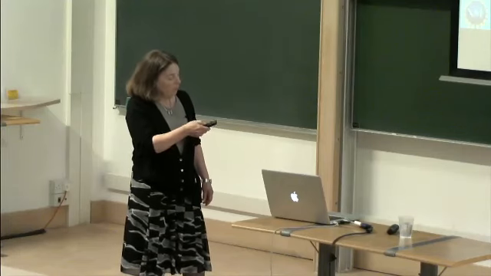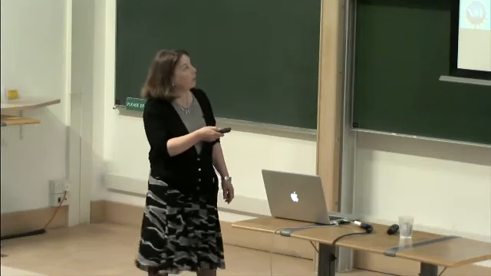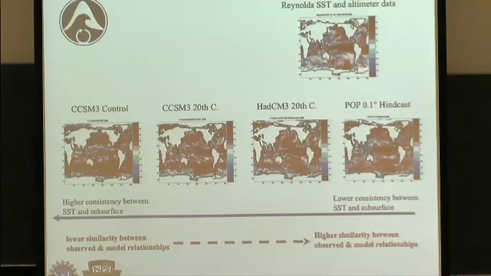Then you can look at the same quantity in the models, surface height and surface temperature, and you get a similar set of figures as on the previous slide. The control model has a high consistency between the surface temperature field and surface height.